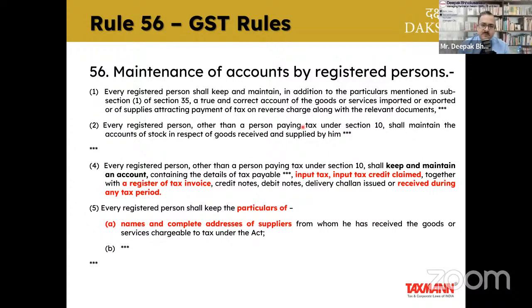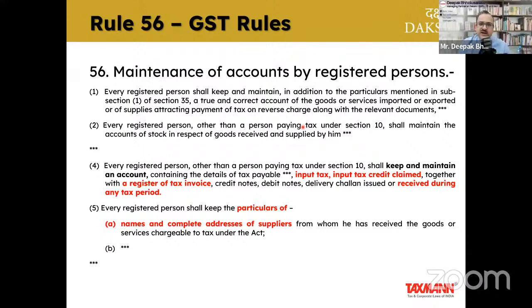My dear friend, if somebody is giving you a tax exempt supply, they don't issue a tax invoice. They only issue you a bill of supply. If a composition supplier is giving you some kind of goods or services, it will only issue you a bill of supply. And on top of that, which is very important to identify whether the supplier is a composition supplier or not, a composition supplier has to mention on its bill of supply that he is registered under GST and he has opted for composition.